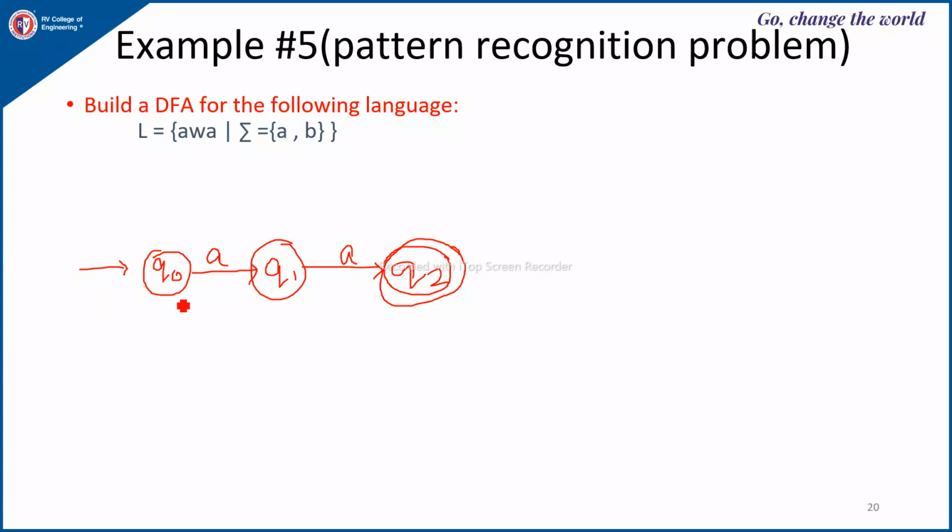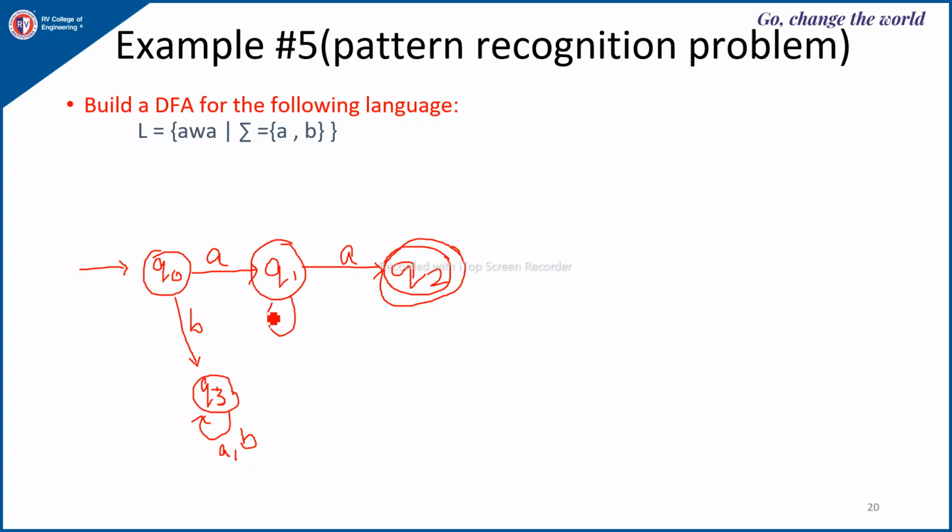If the string starts with B, it has to be rejected. So you write a transition to the trap state. So Q3 here is a trap state, which is a non-final self-loop state on all the input alphabets. Now it has started with A. In between, it can have any number of B's.